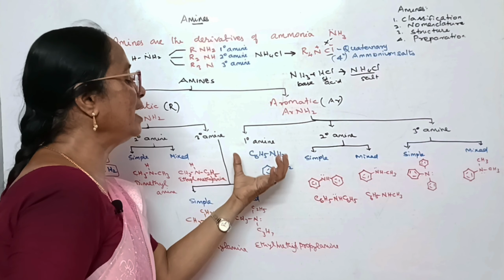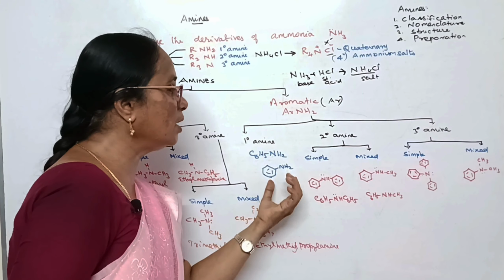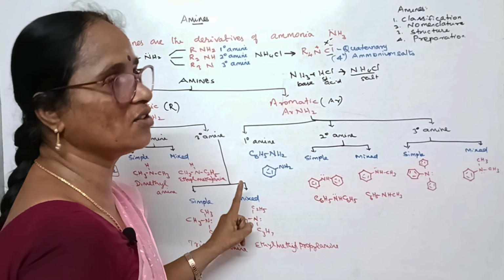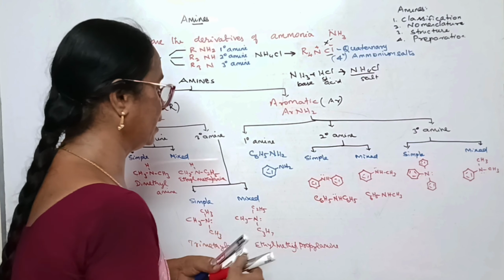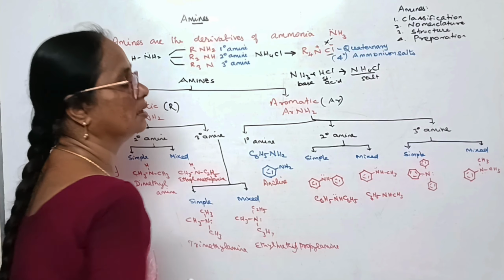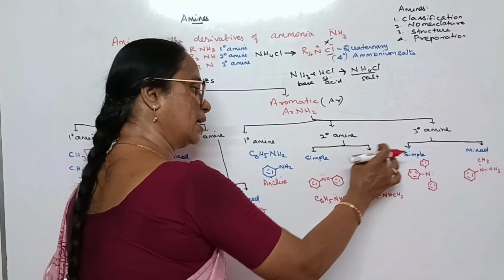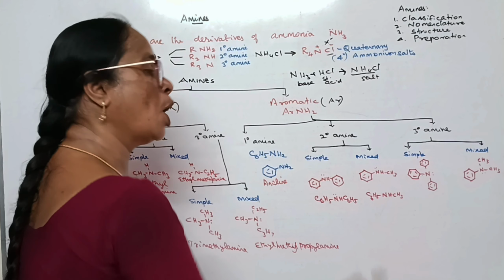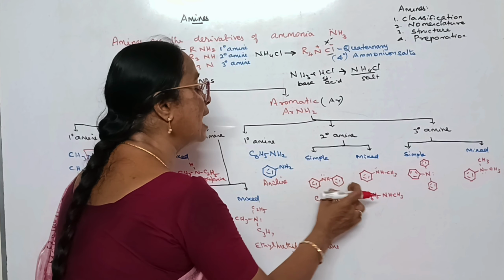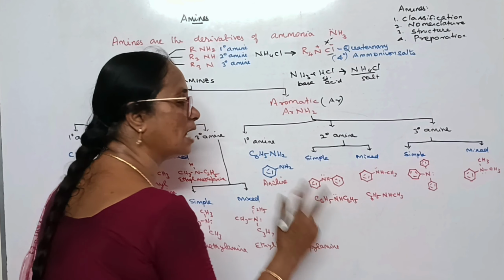In the primary amine, the ammonia molecule has one of the hydrogens replaced by only one phenyl group. So we are getting C6H5NH2, called aniline. And in secondary amine, we can have simple and mixed. Simple, both the groups will be the same. So we have diarylamine. How many phenyl groups are there? 2 times.